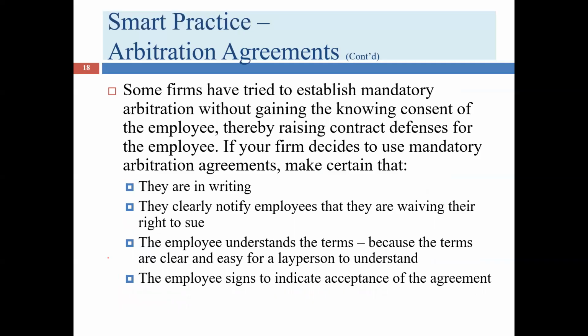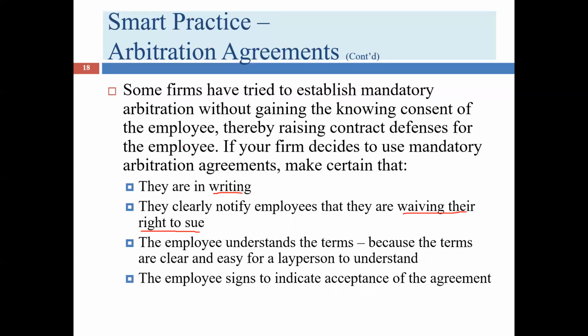So if you're going to have an agreement, you want to make sure that it is in writing, and you want it to be very clear to the employee that they are waiving their right to sue in a courtroom. In fact, you're probably going to have this in bold, all caps letters in a prominent place in the document, so the employee can't later on say, I didn't understand.